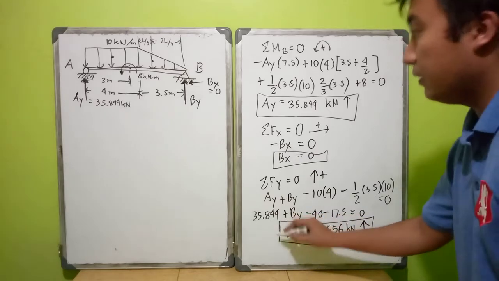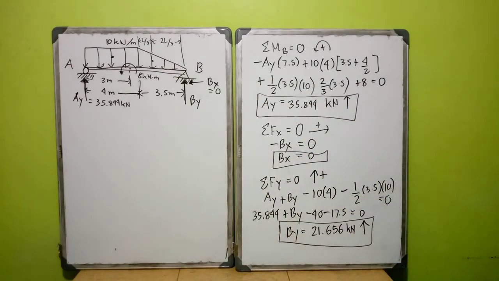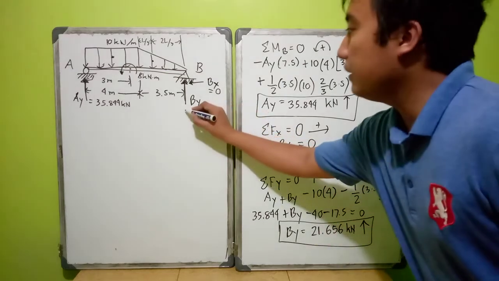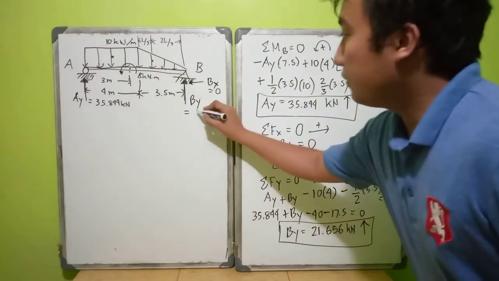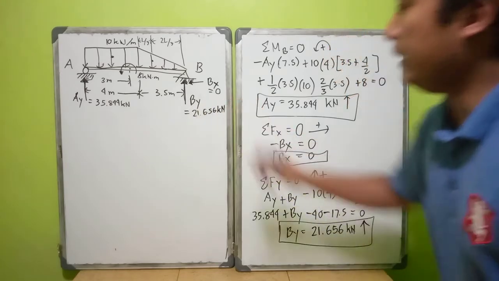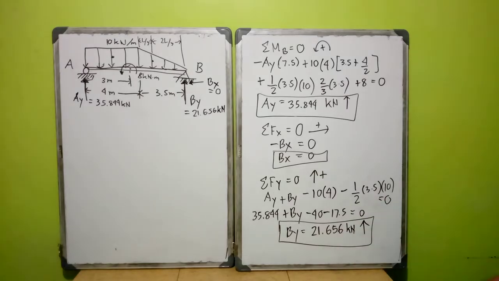If we get a positive value for a reaction, it means that our initial assumed direction is correct. So BY is 21.656 kilonewton. Okay, so we have the reactions.